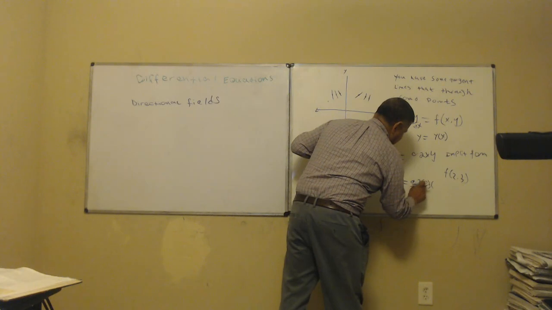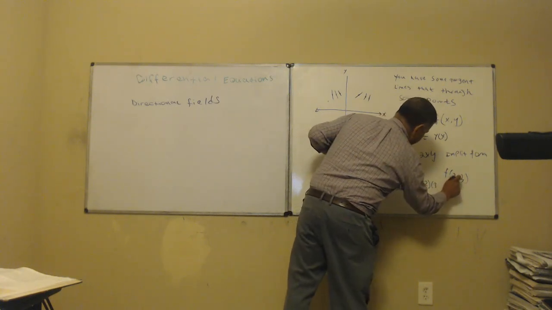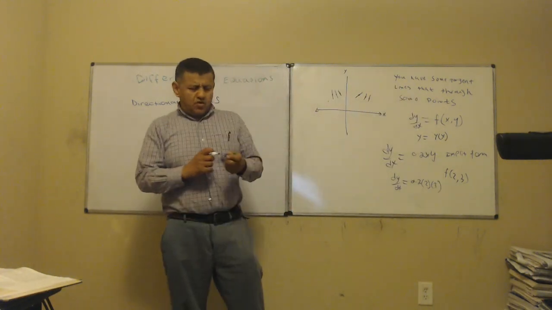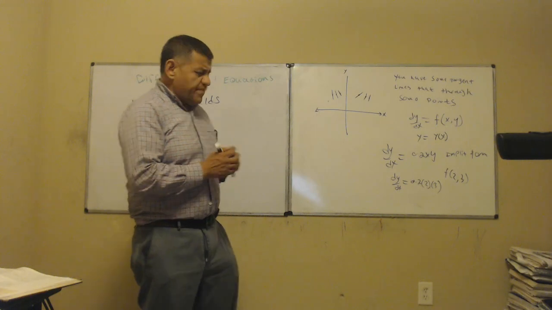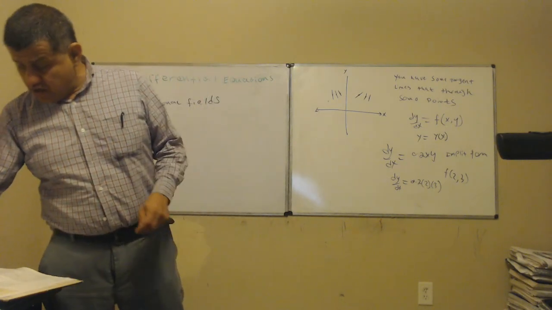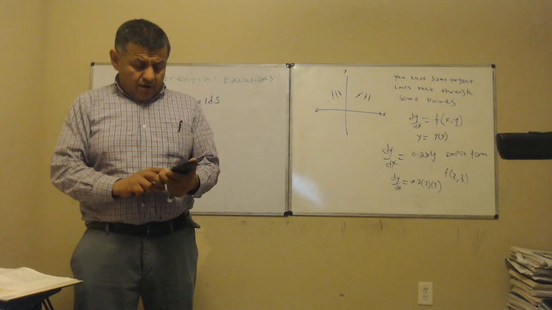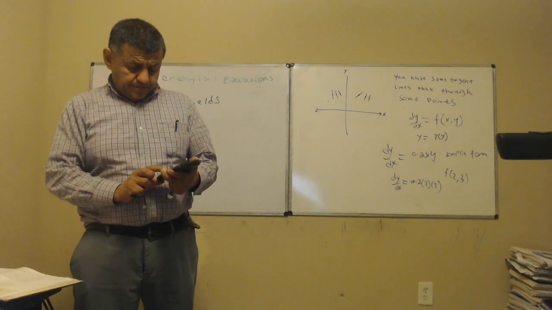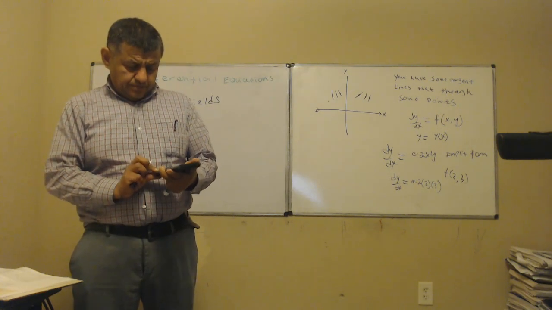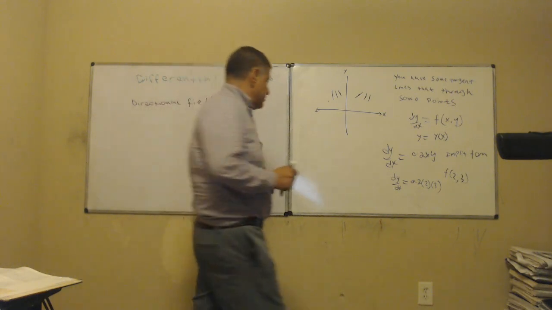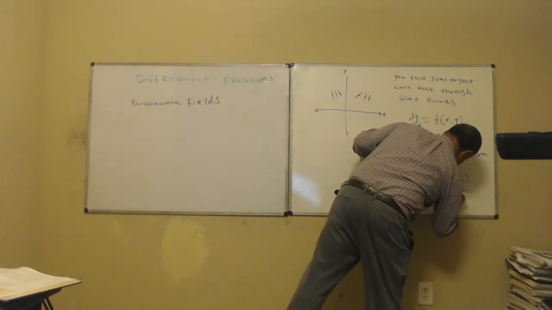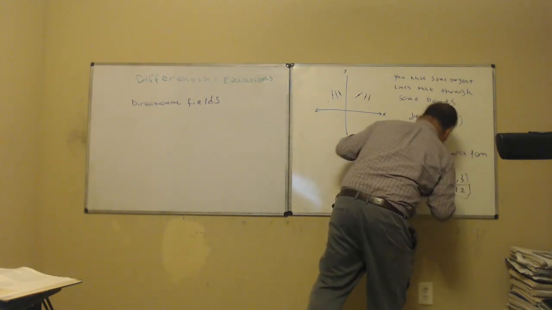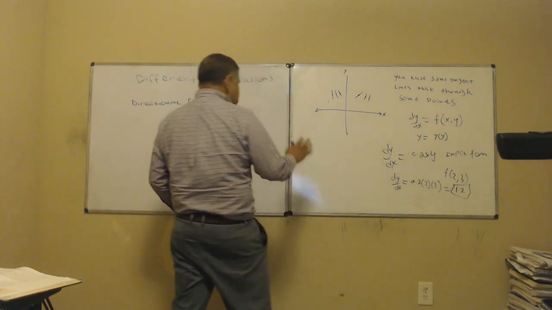Remember, this is not a point, this is a comma. When we calculate that, we get a value of about 1.2. So 1.2 is equal to the slope, to the derivative.